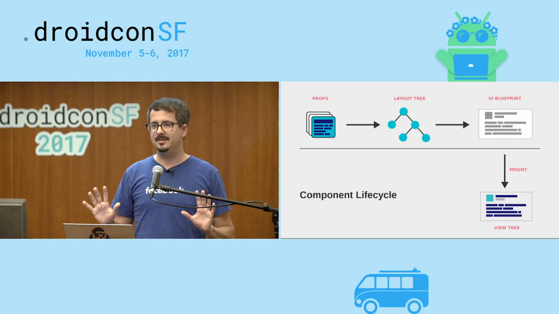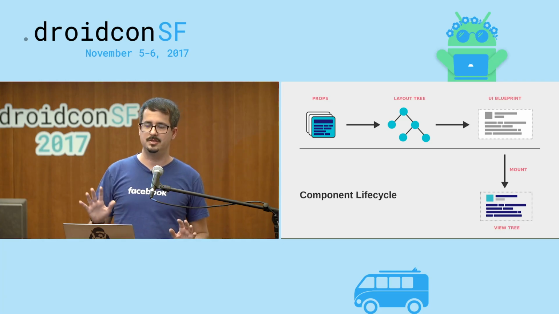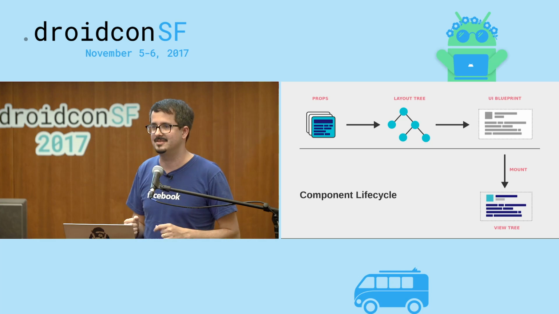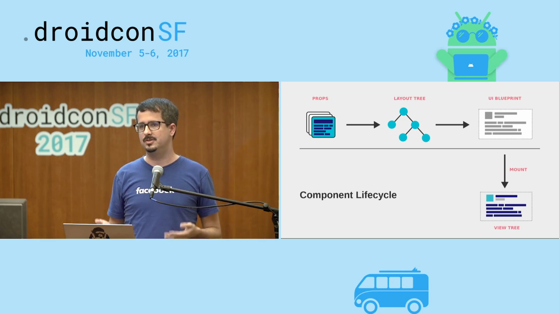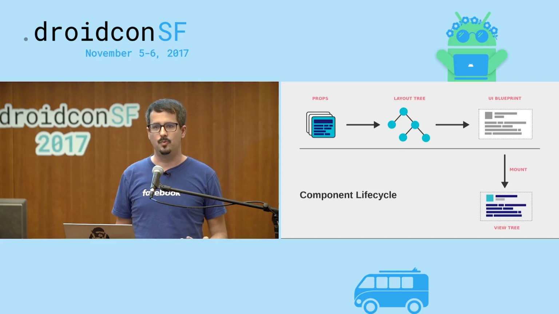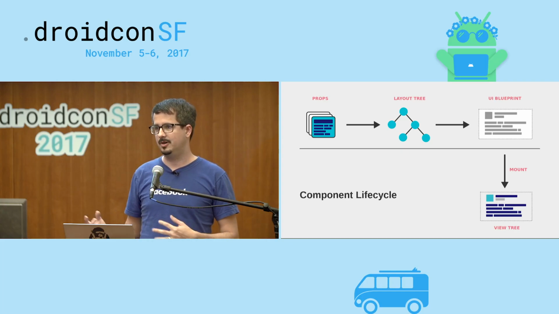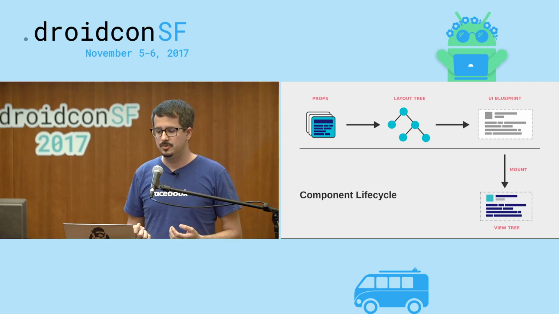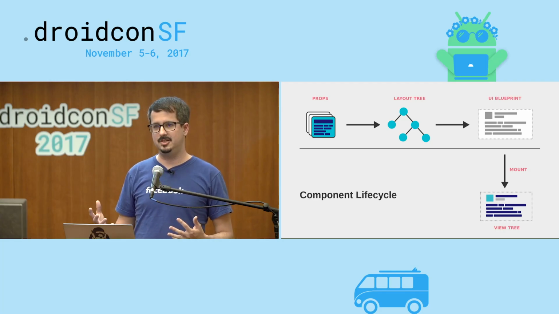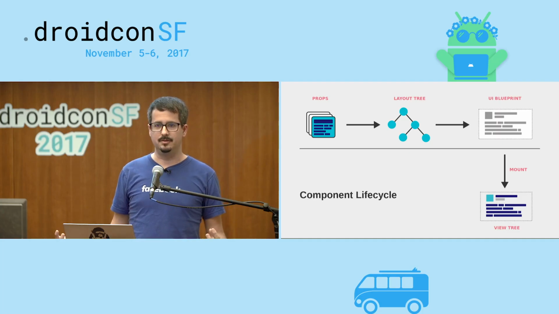Interesting thing here: conceptually what Litho does under the hood, and this is one of the big advantages of declarative APIs, is that you don't care about how things are going to be displayed on screen. You care more about what you want on screen. The framework takes care of the rest. So the blueprint here is essentially splitting the notion of rendering from layout.